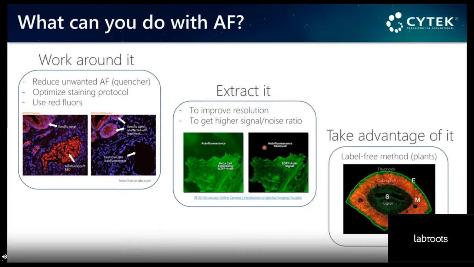And finally, what you could do is take advantage of the signal you are capturing in autofluorescence or in unstained cells. This is an example. This is a transverse section of a pine needle. What we are seeing here is after exciting the cells with a laser without any exogenous dye or staining. What we are seeing is the natural emission: chlorophyll, this red emission, and also flavonoids on the cell wall.